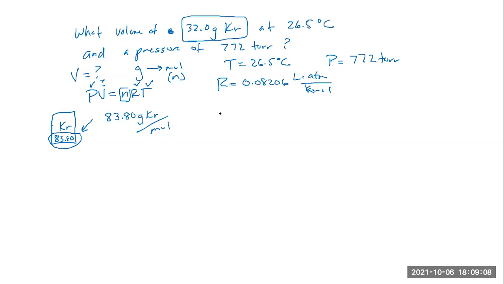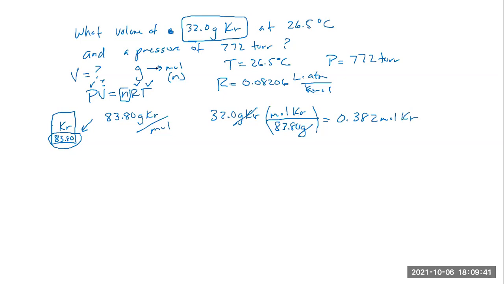We would take 32.0 grams of krypton and divide it by the molar mass from the periodic table, 83.80 grams per mole of krypton. The grams cancel. 32 divided by 83.80 gives us 0.382 moles of krypton.